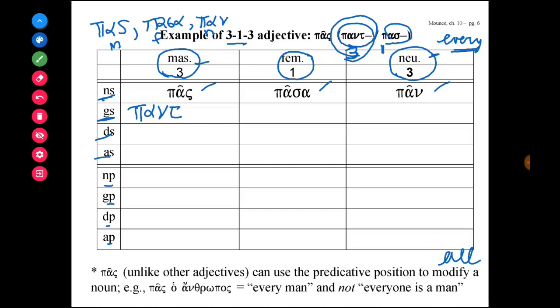Remember that it's sigma, os, i, a, es, on, si or sin, os. So those are the endings. So what happens when I add pant to the sigma here? Well, the nu drops, and then we get pas as the nominative singular form.